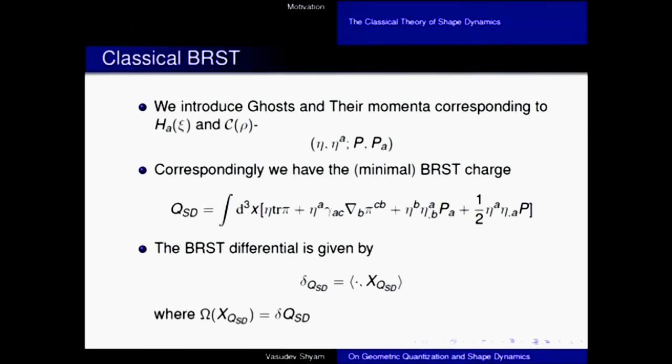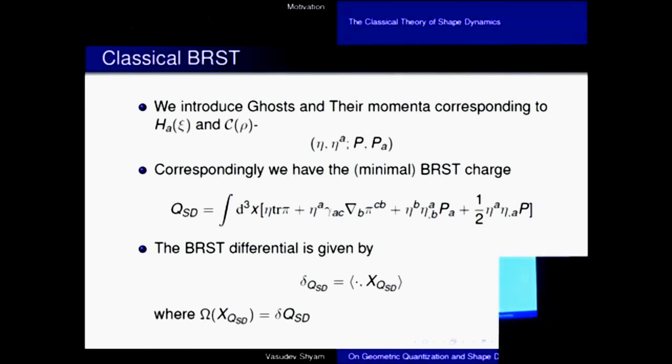And the BRST differential is given by this, where this is the Hamiltonian vector field corresponding to the BRST charge, and this is the extended symplectic form, where the phase space is going to be both the metric and the momentum variables, and these fermionic, anti-commuting ghosts and their momenta. I'll also get into that in some time.